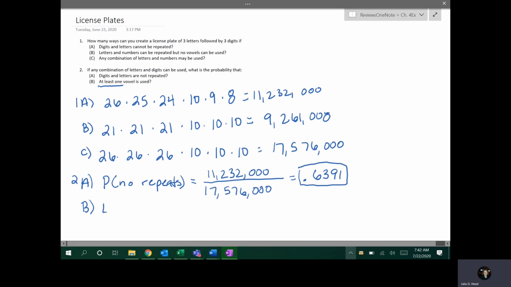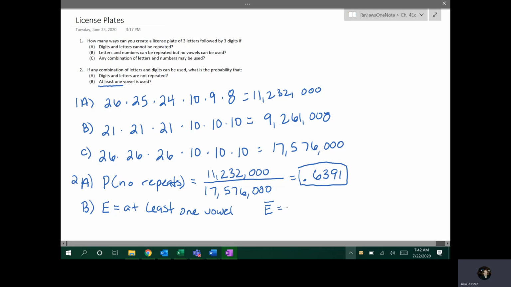So I like to write it down very generally. So we're looking for, I'm going to call it E for event. You call it whatever letter you want to. We're looking for at least one vowel. And then since we said that the at least one is highlighting the complement rule, we need to think about what the complement of E is.